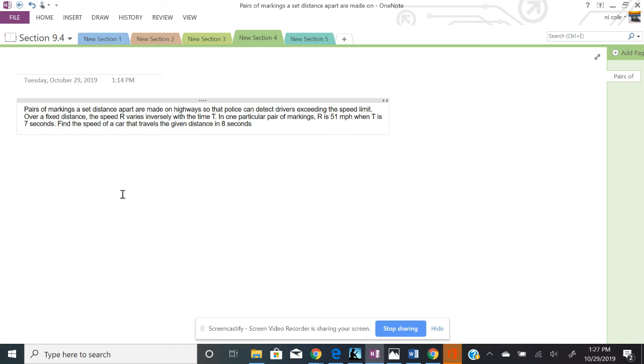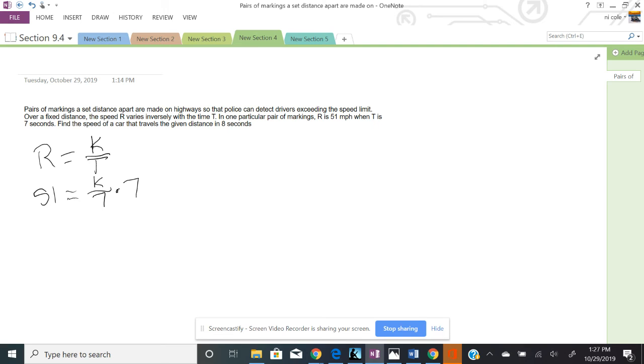So what this tells me is r varies inversely with t. So that means R is equal to K over T. Now I need to find my constant, K, when I know R is 51 and T is 7.